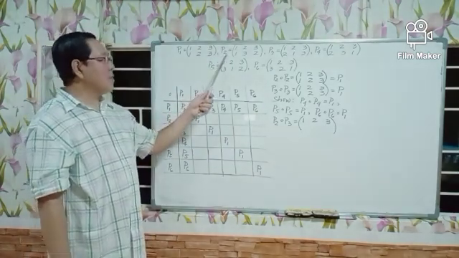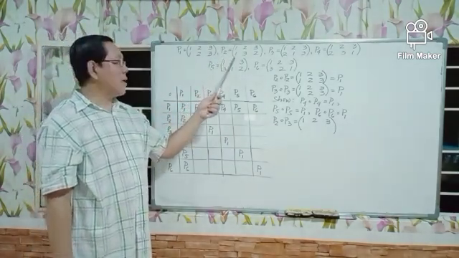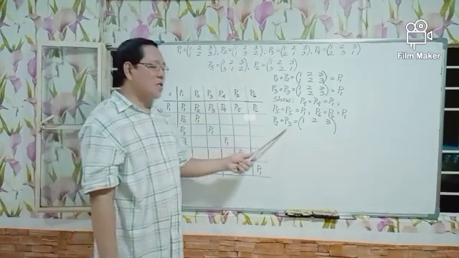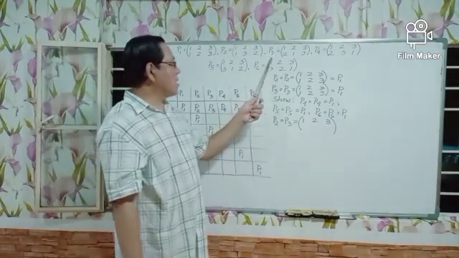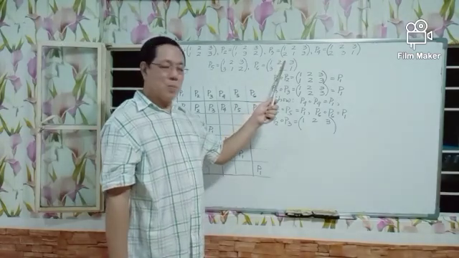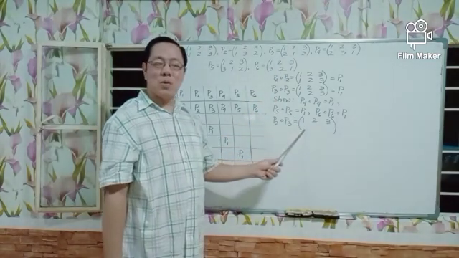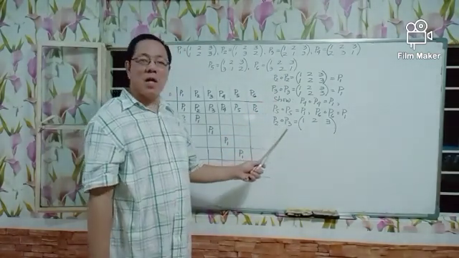Under P2, the image of 1 is 1. And we find the image of 1 under the function P3. Under P3, the image of 1 is 2. Therefore, 1 is assigned to 2 under P2 circle P3.